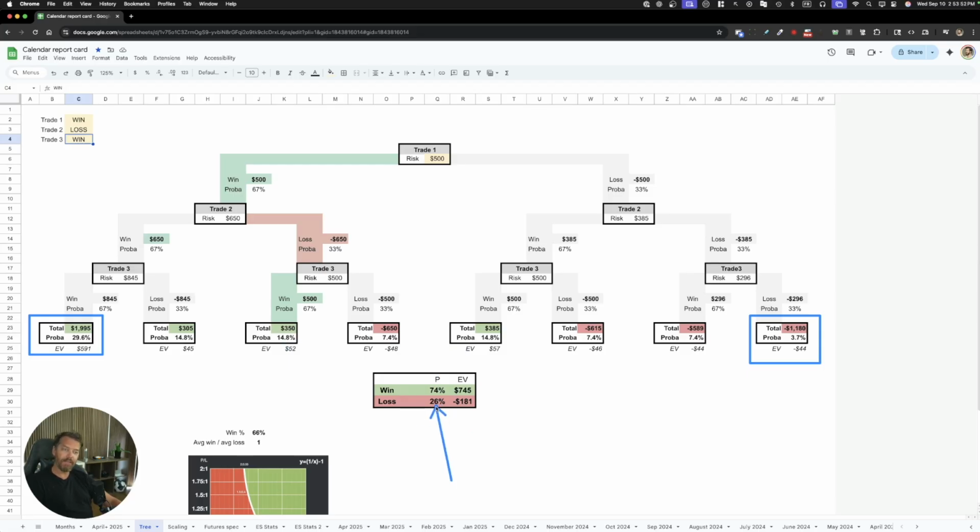But when the negative outcome happens, on average, it is less than the positive outcome. So guys, I hope it's clear. If you need this tree, I can make a copy of this spreadsheet. It's a Google Sheet. I really do believe that if you follow this methodology, you can scale your trading basically indefinitely.